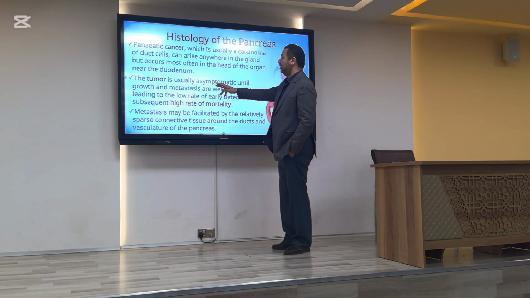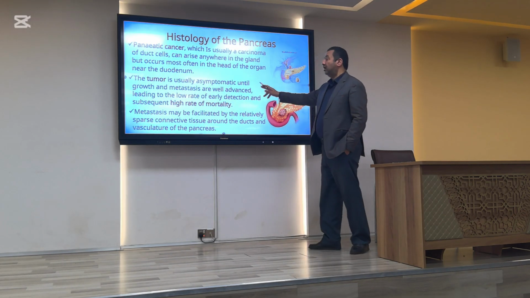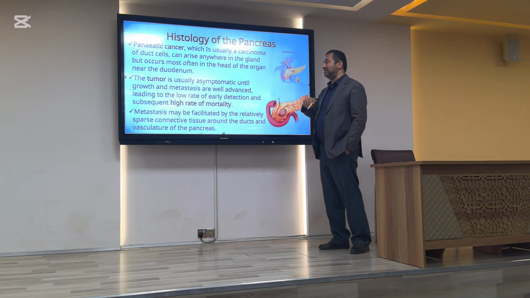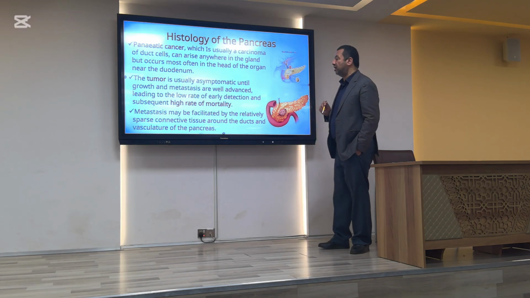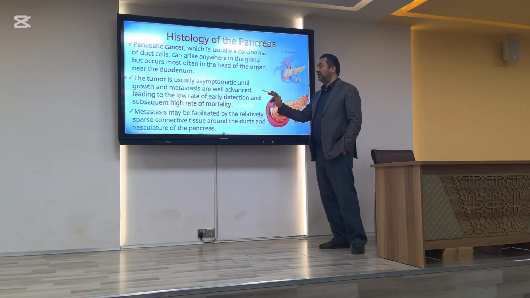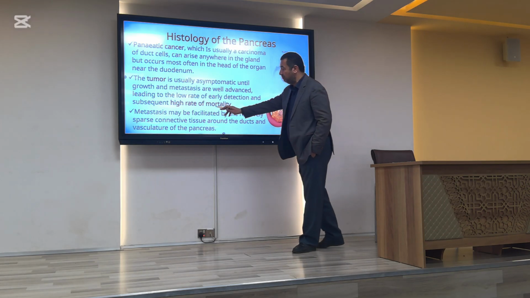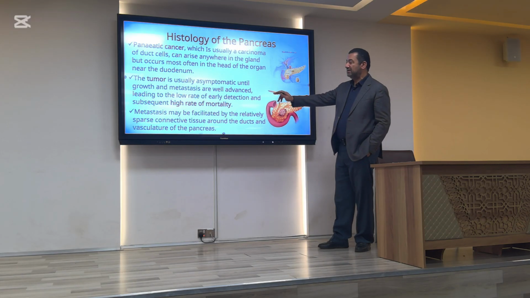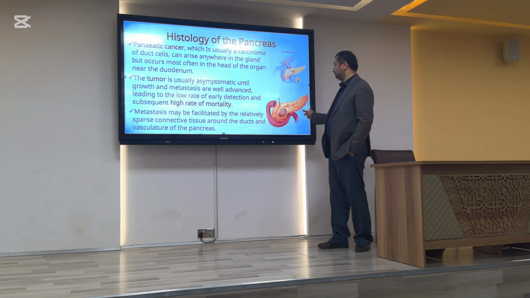The tumor is usually asymptomatic until it grows and metastases are well advanced, leading to a low rate of early detection and subsequent high rate of mortality. Metastasis may be facilitated by the relatively sparse connective tissue around the ducts and musculature of the pancreas.